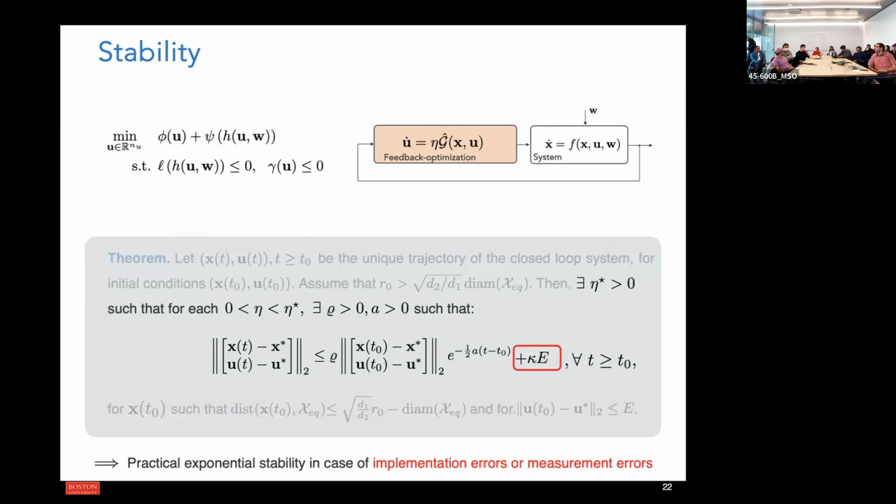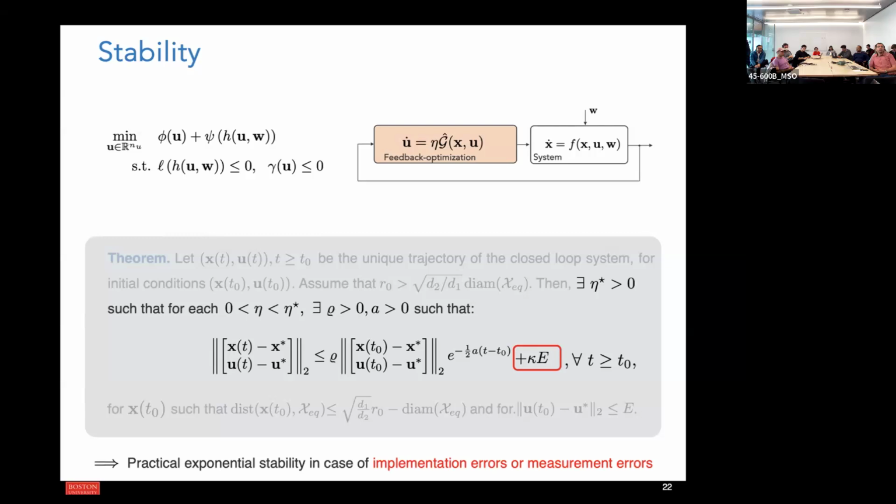Is this then bounding the time in which you need to compute your optimization? So in this particular case, I'm assuming that this optimization, this QP, can be solved sufficiently fast. We also have additional results in terms of sampled-data implementation, where we do have an upper bound on the execution time so that stability is preserved.